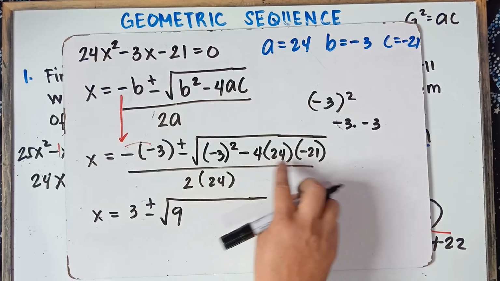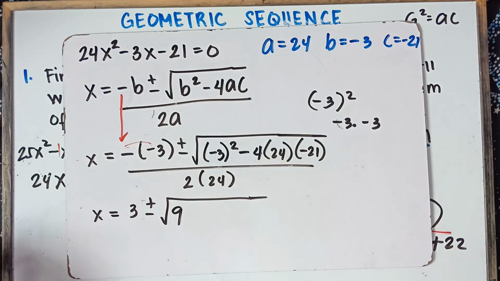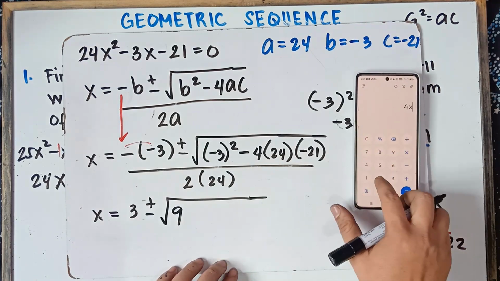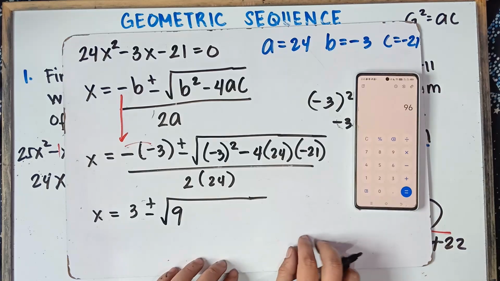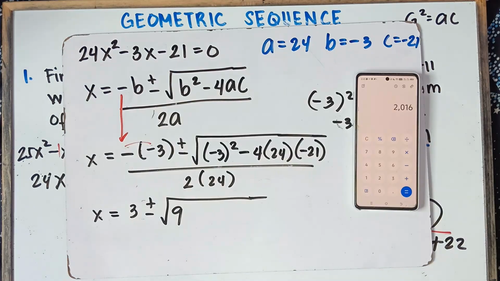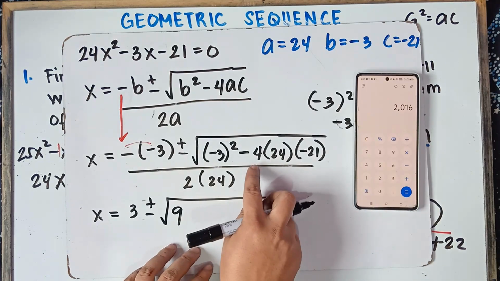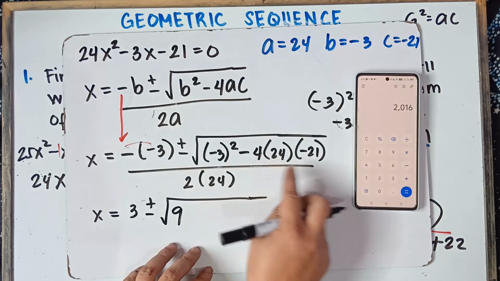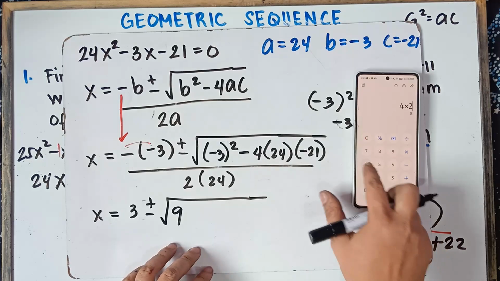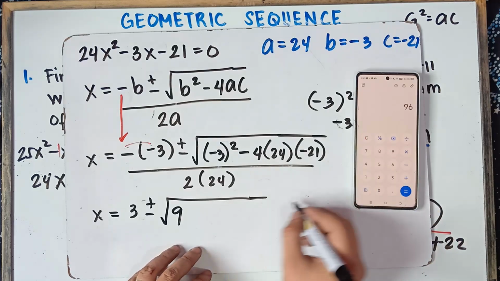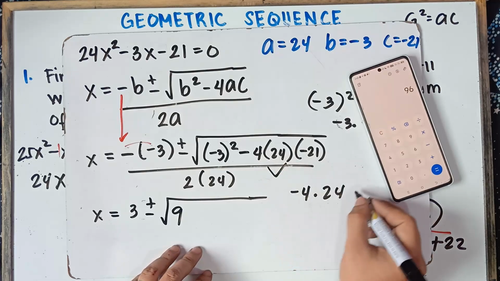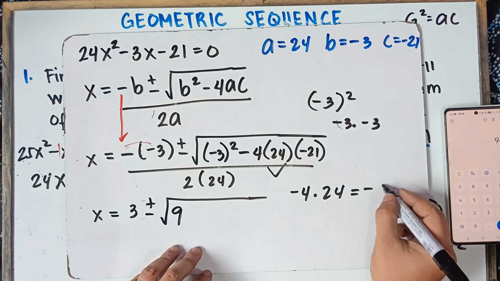And then simply multiply this one, negative 4 times 24. Let's use our calculator. Negative 4 times 24, that would be negative 96.